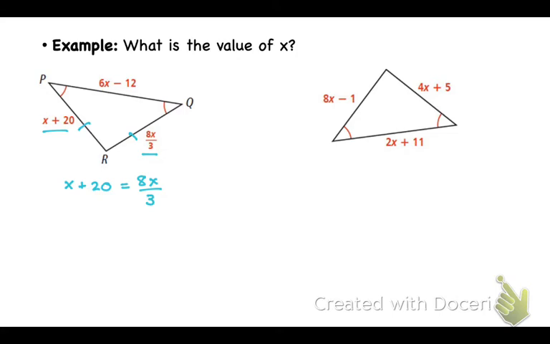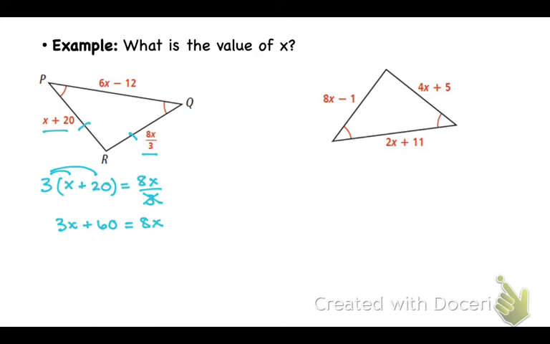So what number is causing me an issue at this moment? The 3. So I'm dividing by 3, so the inverse operation is multiplication. Multiply by 3, right? So I multiply over here by 3. Distribute 3. So I get 3x plus 60 equals 8x.